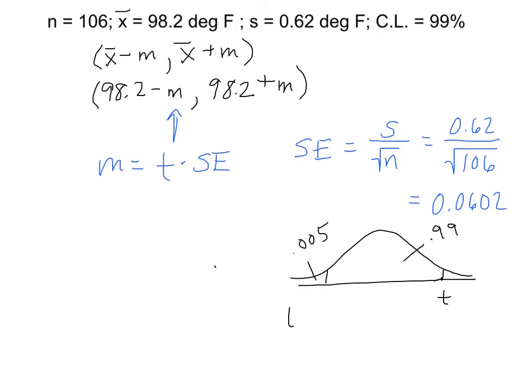So I'm going to find that t-value by using inverse t, all that area to the left of the t-value, and that'll be 0.995, and my degrees of freedom will be 105, 1 less than n. And that value is 2.623.